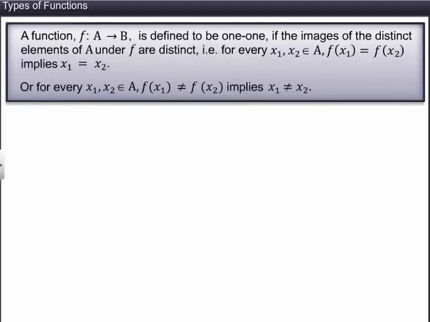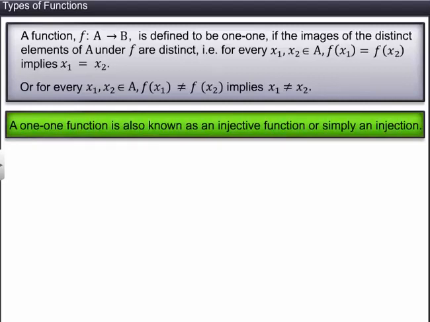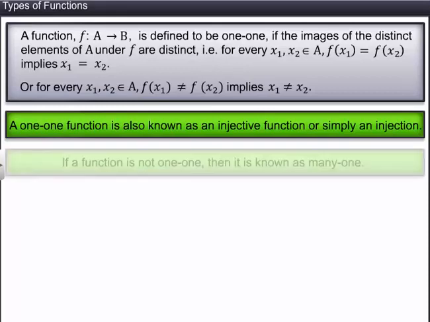Or, if f of x1 is not equal to f of x2, then x1 is not equal to x2. A 1-1 function is also known as an injective function, or simply an injection.